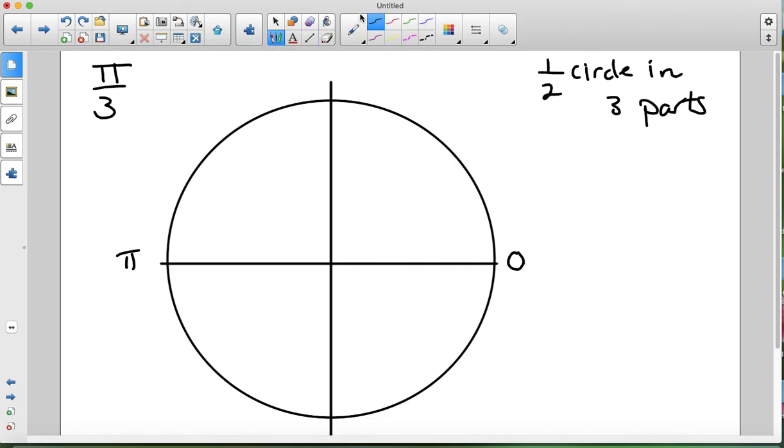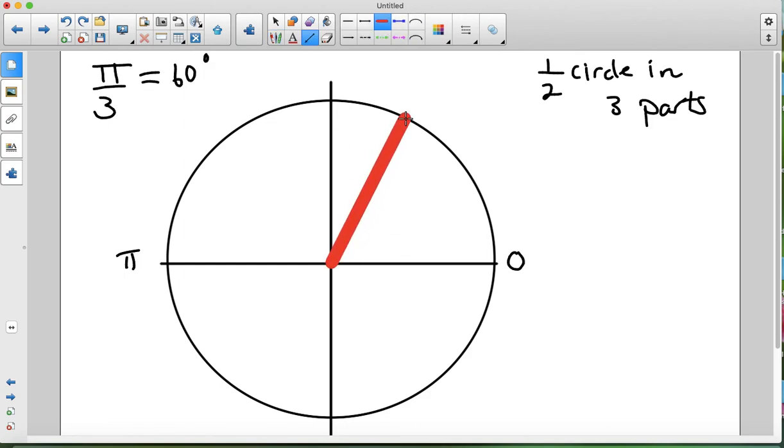Remembering that actually this is 60 degrees, right? So think about where 60 degrees would be, because 180 divided by 3. So 60 degrees would probably be around here. And then if you take it from here, it's going to be in the same spot. Something like that. So now I have 3 pieces.